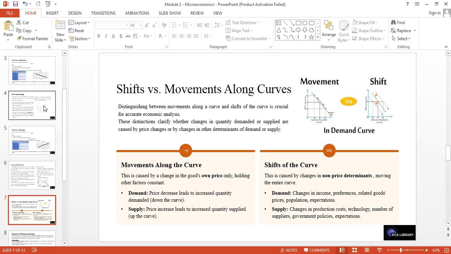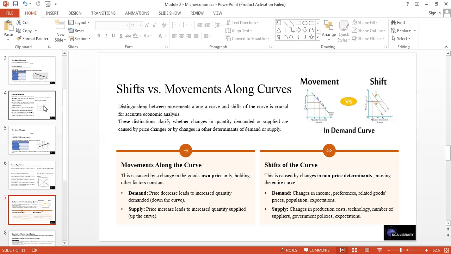We also have the shift versus movement along curves. For this, distinguishing between movements along a curve and shifts of the curve is crucial for accurate economic analysis. This distinction clarifies whether changes in quantity demanded or supplied are caused by price changes or by changes in other determinants of demand or supply.